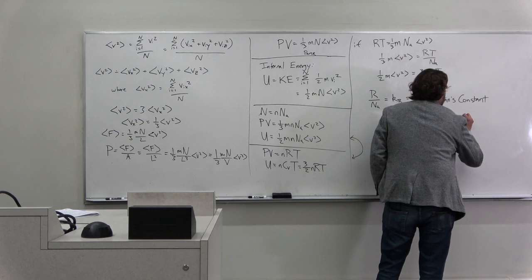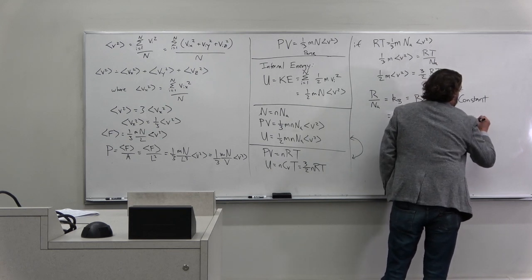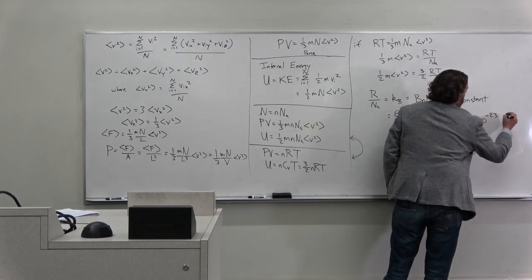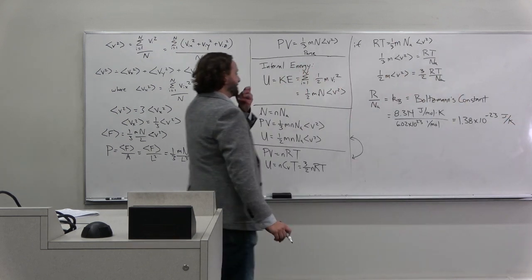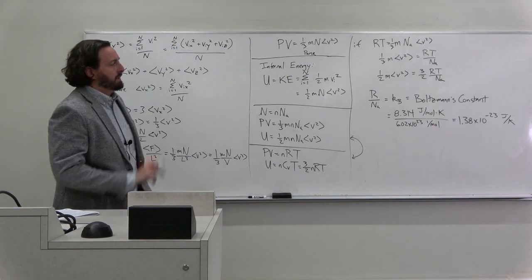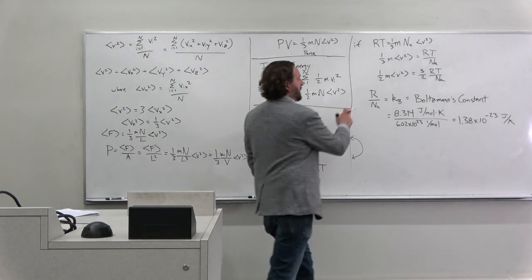So if you calculate that out, it's 1.38 times 10 to the minus 23 joules per Kelvin. So this is Boltzmann's constant. It is R over NA.